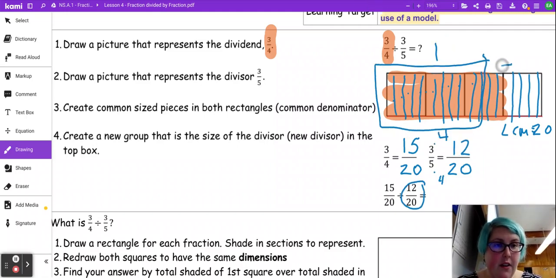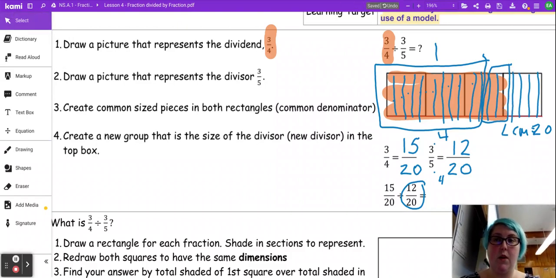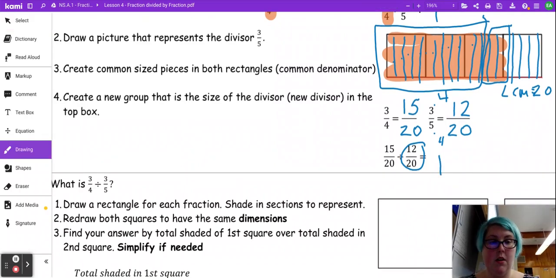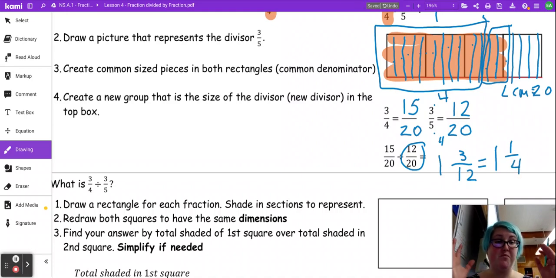We have these 3 pieces left over here. So we know that one group of 12, and we have 3 out of our 12 left over. We've got 1, 2, 3 colored in pieces left. So let's simplify that fraction to 1 and 1/4. So this model has both fractions in the same model.